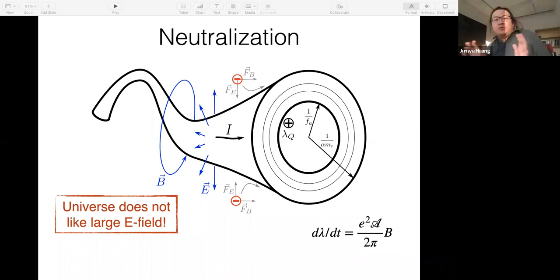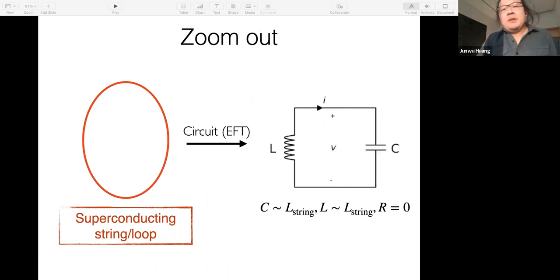But this is not too bad because of what I will be showing you later. Okay. So for this part, I would like you to think about the system zoomed out. Let me again start with a normal superconducting loop or superconducting string.